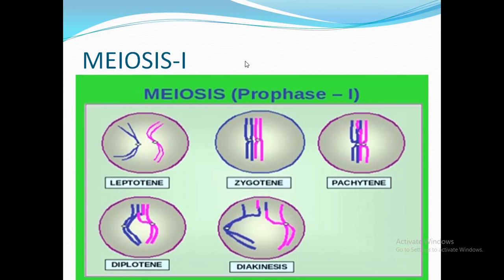But in meiosis, which is a reductional division, the daughter cells receive half the number of chromosomes compared to the mother cell.